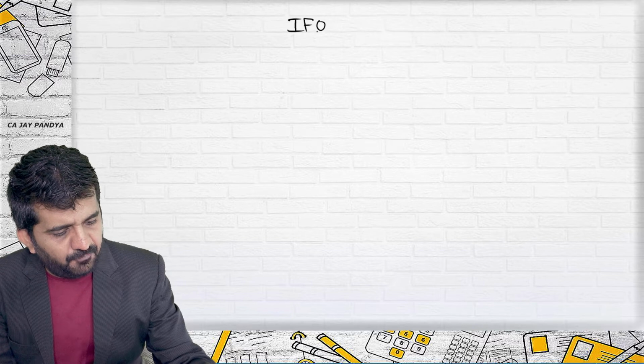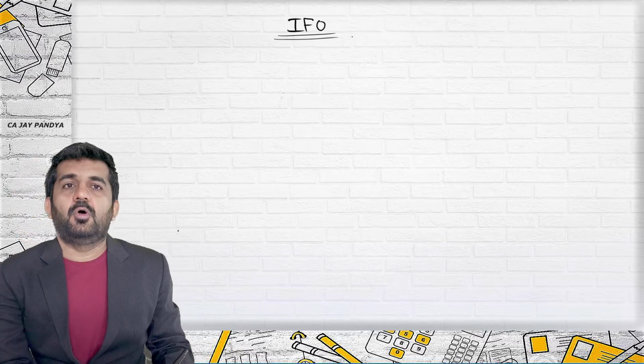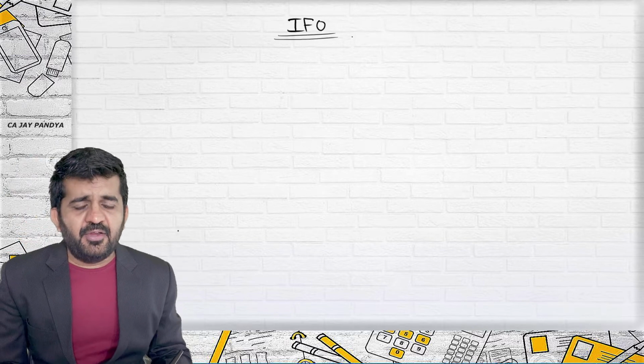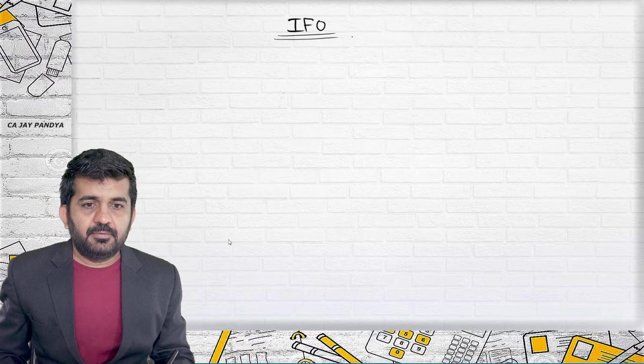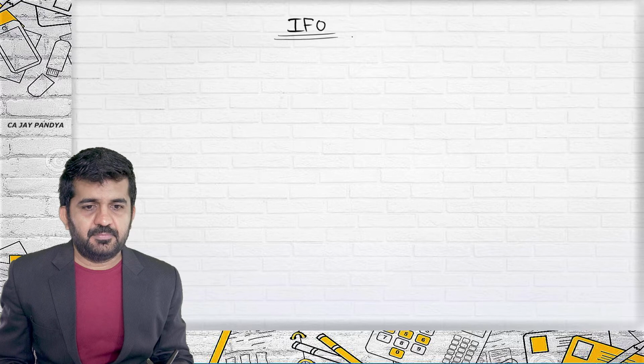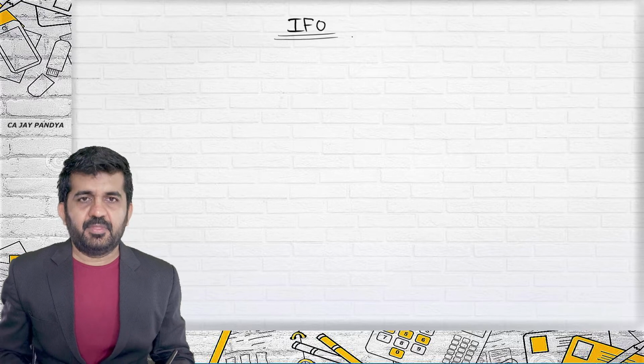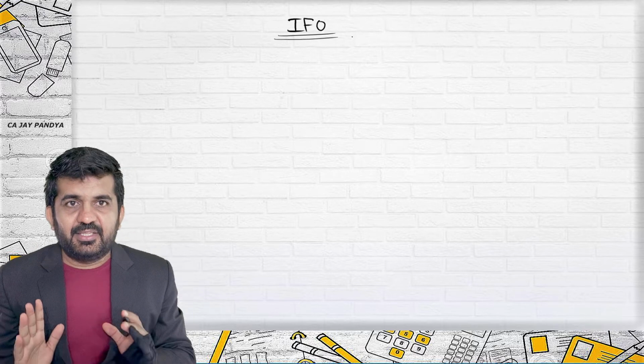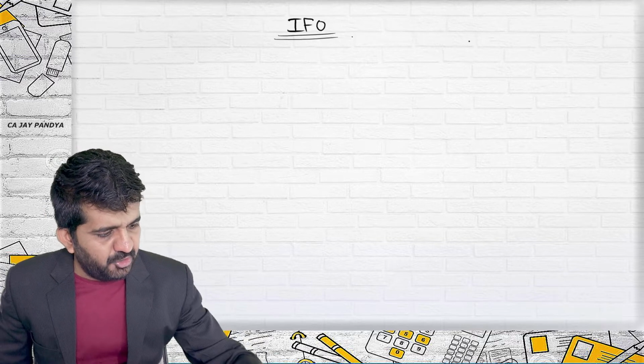But what is the difference? Try to concentrate. First, we are going to integral foreign operations, and we are understanding integral foreign operations. See, understand, there will be a trial balance which will be in dollars.